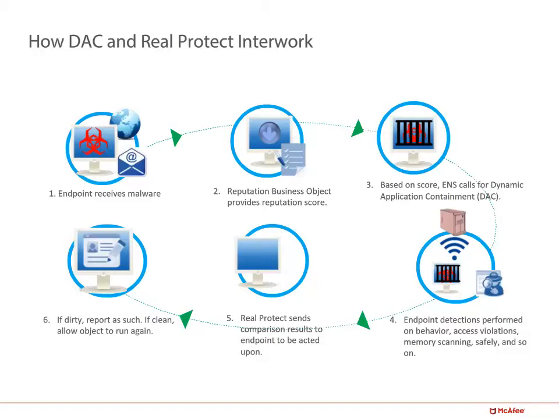Then based on the score, ENS calls for a dynamic application containment. The endpoint detections are performed on behavior, access violations, memory scanning, and so on. Then Real Protect sends the comparison results to the endpoint to be acted upon, and if it's dirty, it will report that it is dirty. If it's clean, then it allows the object to run again.